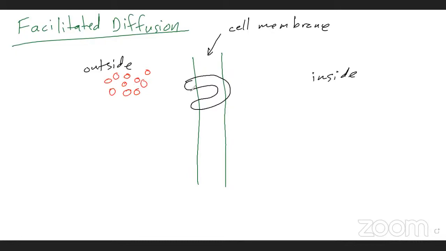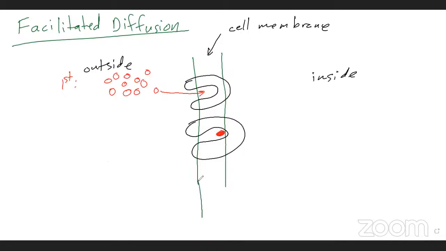So the first thing is that the molecules, not all of them, one of them will enter the carrier protein. So I'm going to draw it again with the molecule inside of it. Once the molecule enters, it will cause the protein to change its configuration. The protein is actually going to turn around or flip.